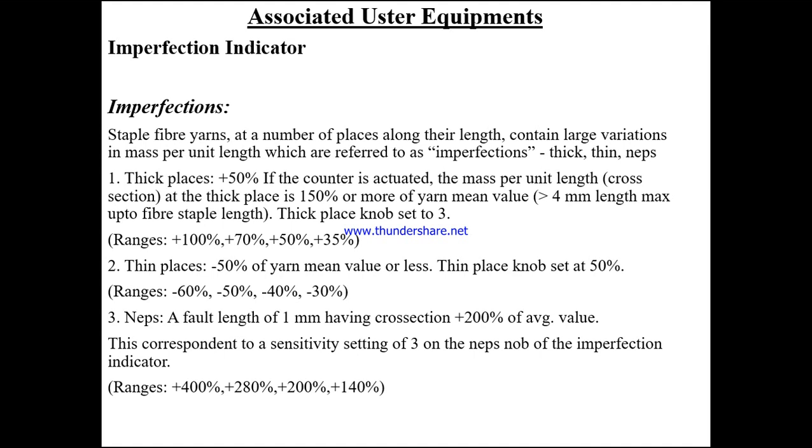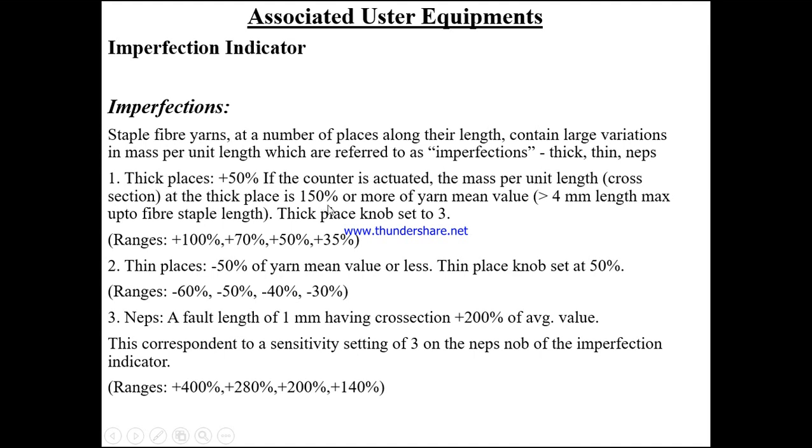So now the definition of thick places. Thick places are those with more than 50% enlarged diameter than the average diameter of the yarn. So if the thickness of the yarn is more than 50% of the yarn diameter, then that particular place is called a thick place.